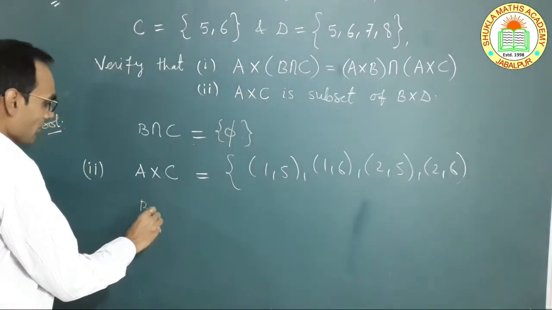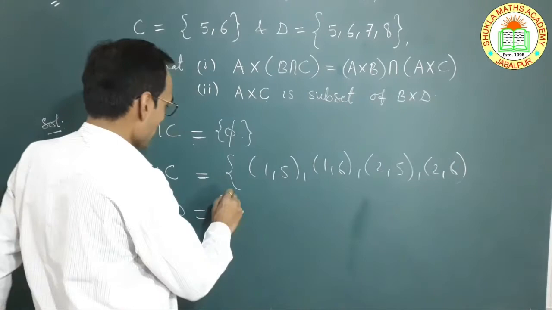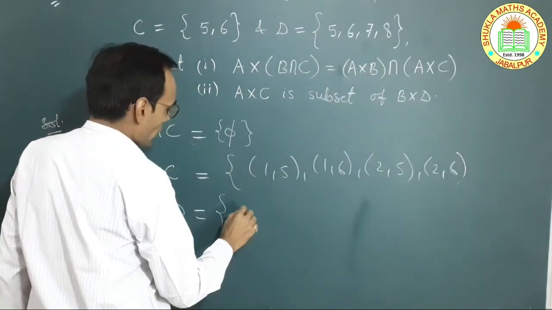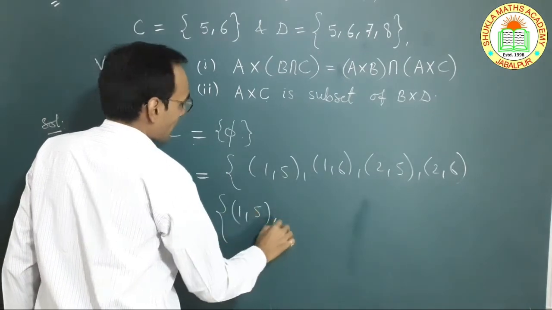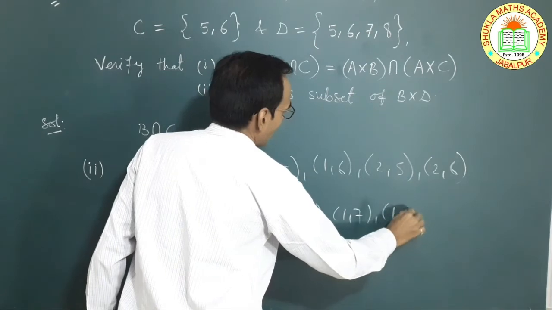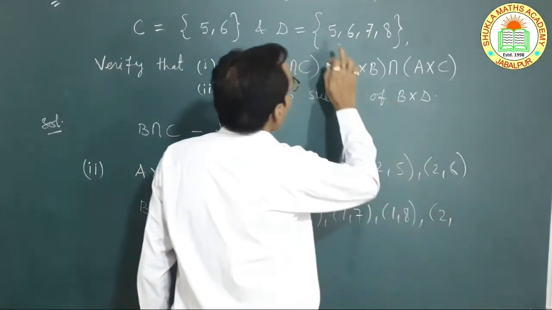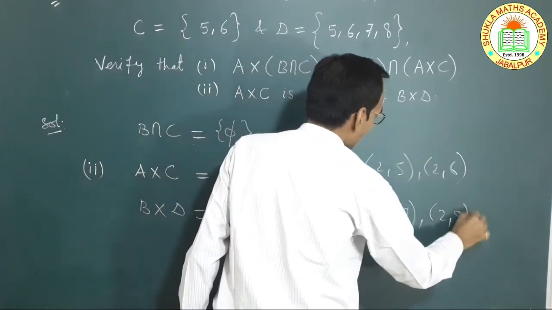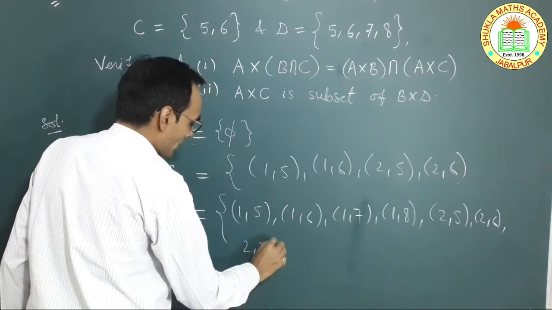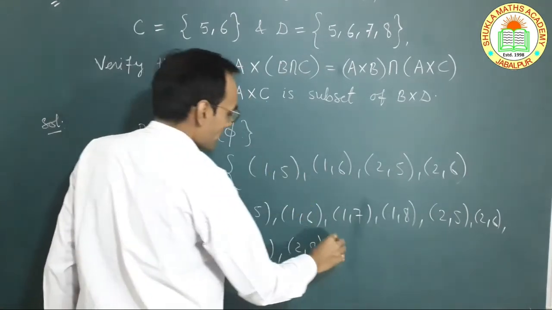And also find B × D. So our B is here and D is here. Make the pair with 1 and all the elements of D. So (1,5), (1,6), (1,7) and (1,8). Then the second element of B, 2, with 5, 6, 7, 8: (2,5), (2,6), (2,7), (2,8). And the third element of B is 3.